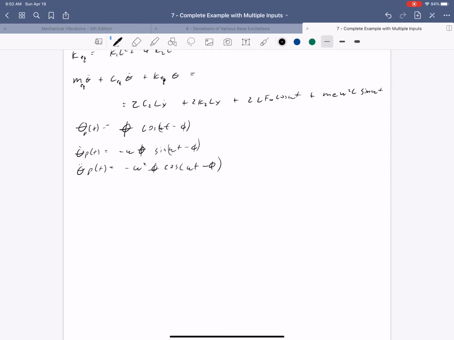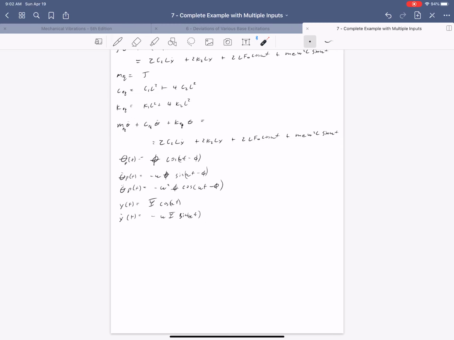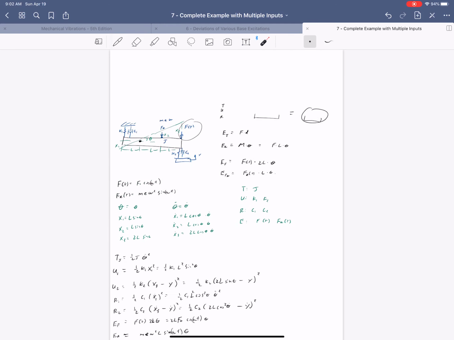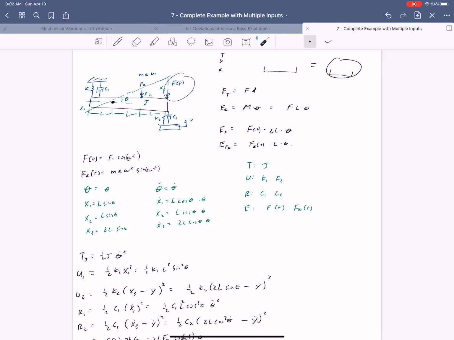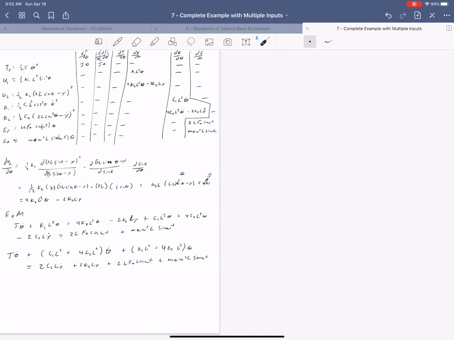And then our y of t is equal to Y cosine omega t, and y dot of t is equal to negative omega Y sine omega t. Now, there's one thing I did in this problem to make life easier: the whole system is going at omega, and I'm assuming I didn't have any phase shifts in there.